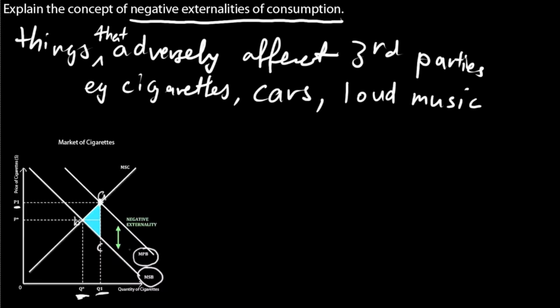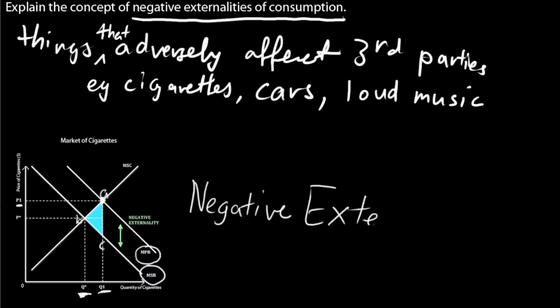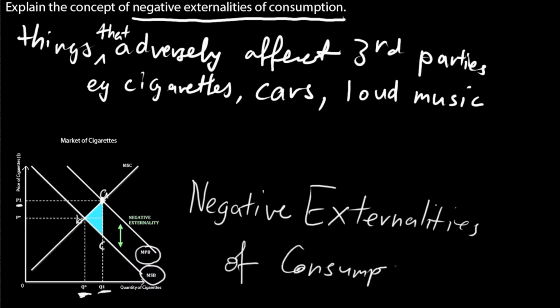Since the marginal social cost is greater than the marginal social benefit for the units between Q1 and Q star, for those units there is a welfare loss shown by the triangle ABC. Thus, this was an overview of the negative externalities of consumption.